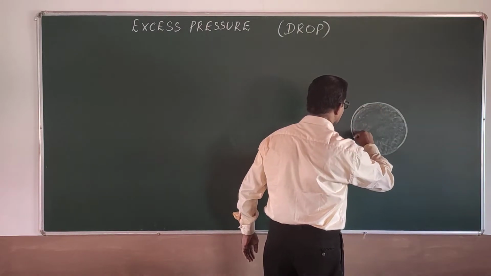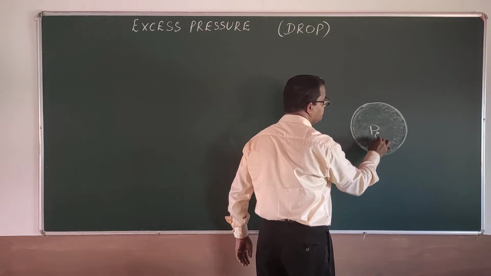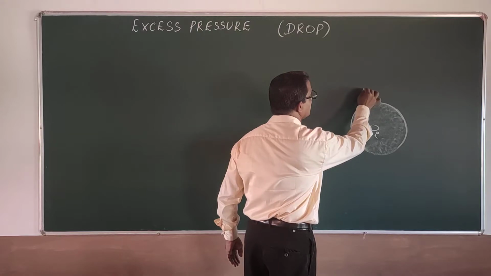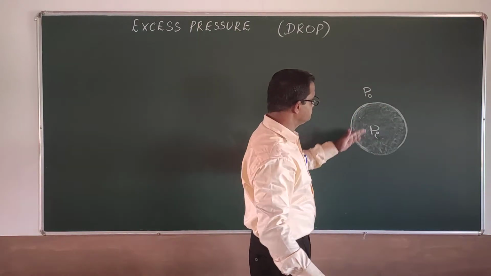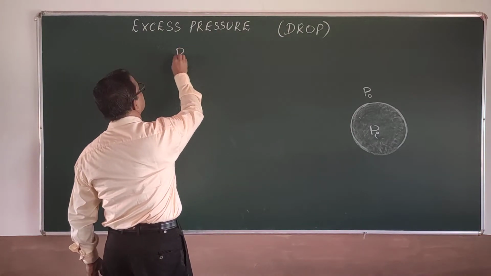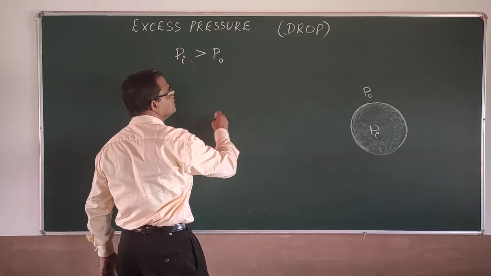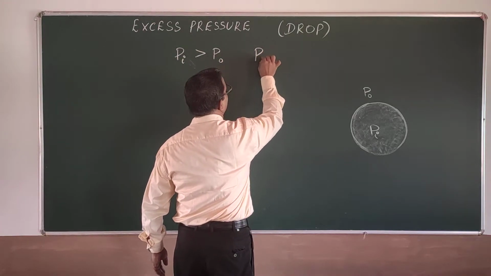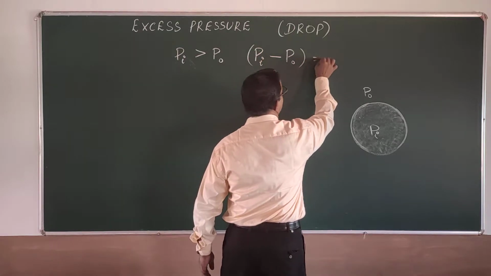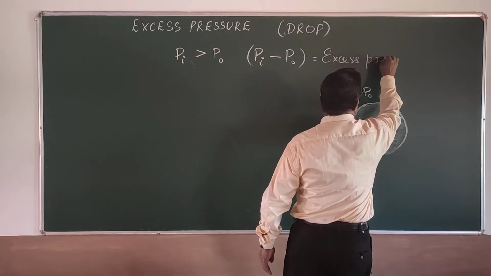Then, due to curving, the pressure inside is Pi, and the pressure outside is PO. According to this concept, Pi will be greater than PO, therefore Pi minus PO is equal to the excess pressure inside.